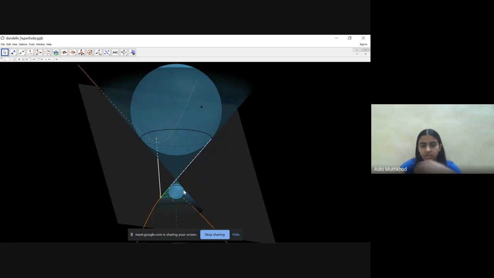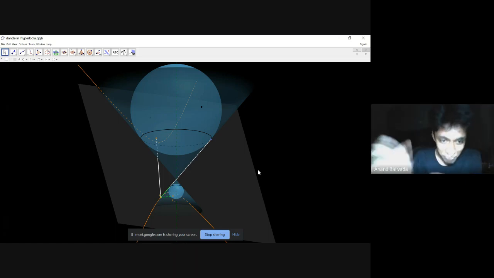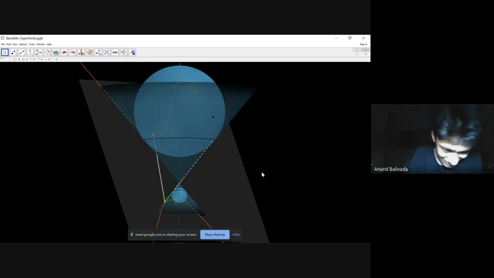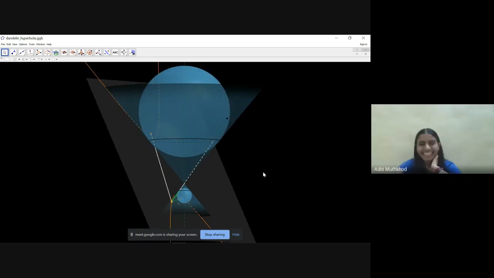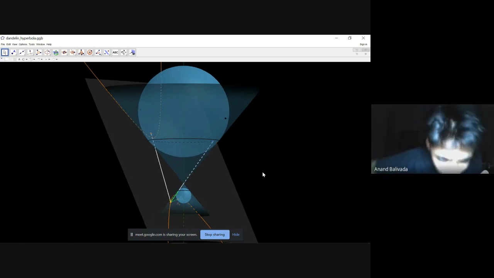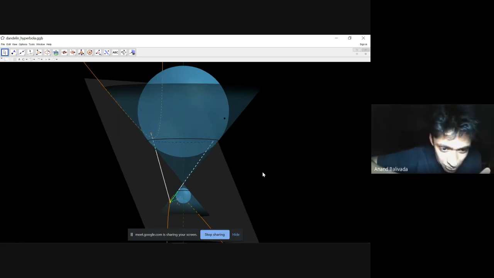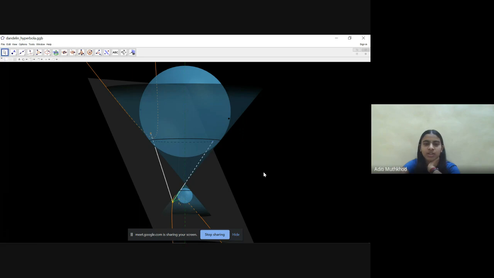The small sphere is tangent to the plane at F1, and the larger sphere is tangent to the plane at F2. I guess it is a similar proof to last time. These two white lines are equal. The two green lines are also equal. What is the labeling? Suppose this point is M and that is N.